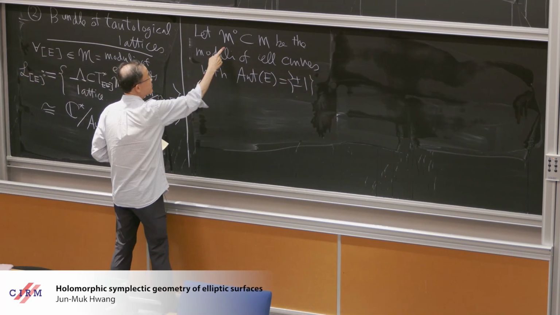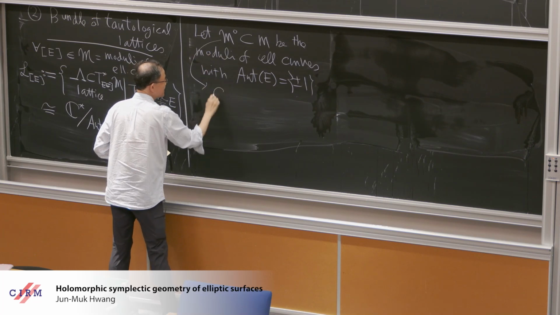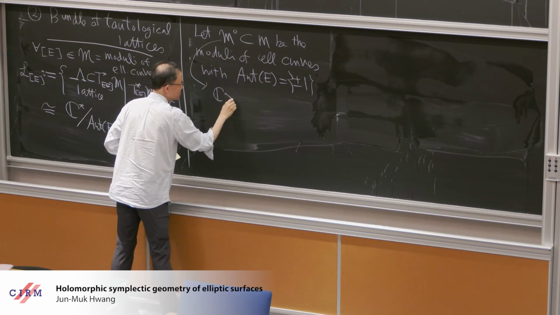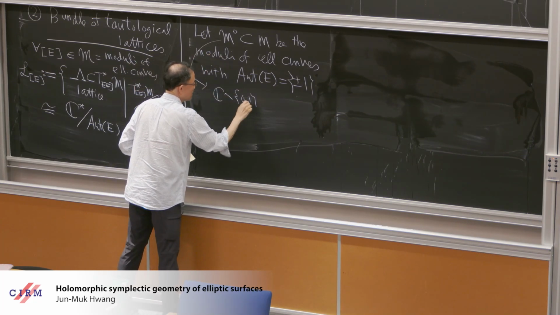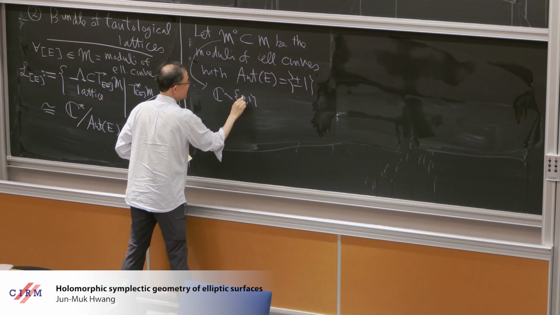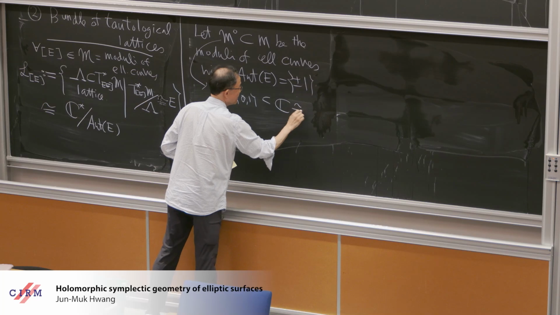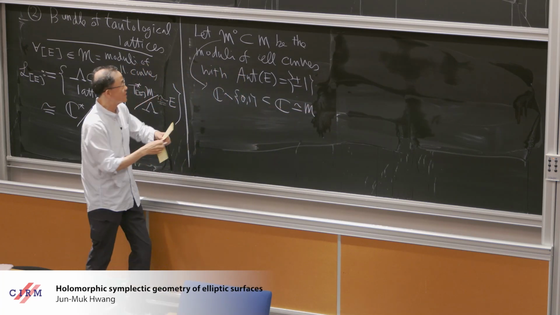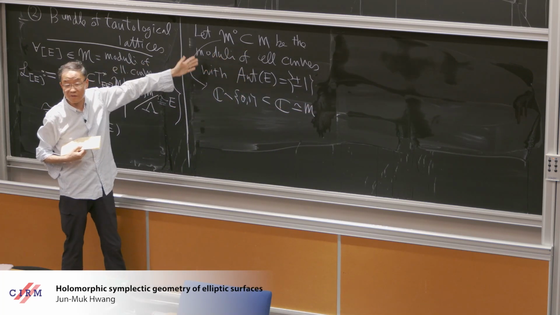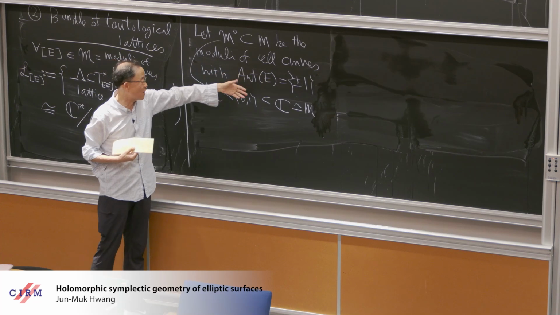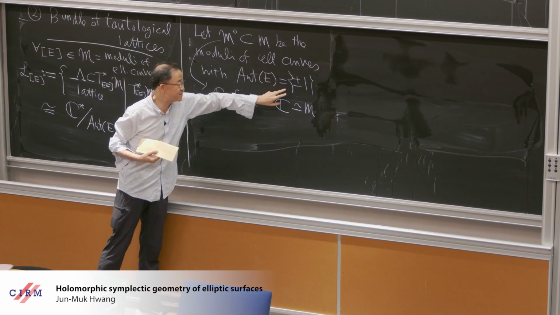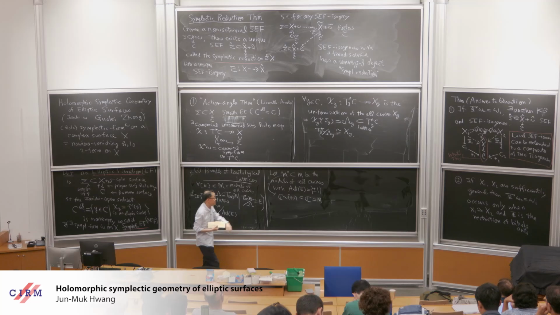Then this is an open set, and this is biholomorphic to C minus 2 points inside C. So inside the moduli space, you just remove 2 points. Then the general elliptic curve without complex multiplication just has trivial automorphism.